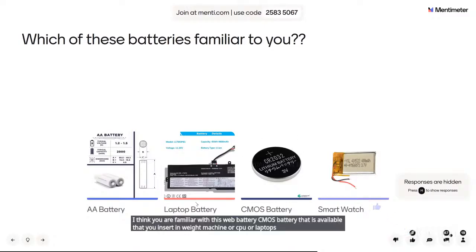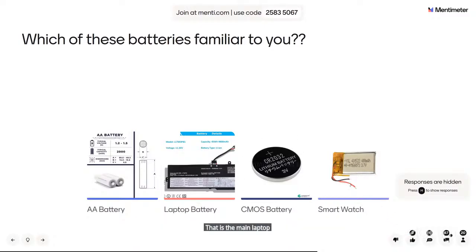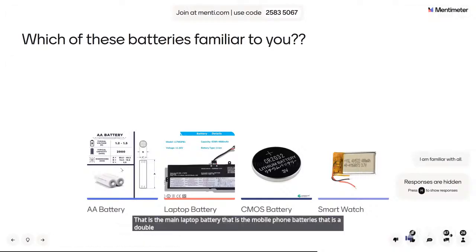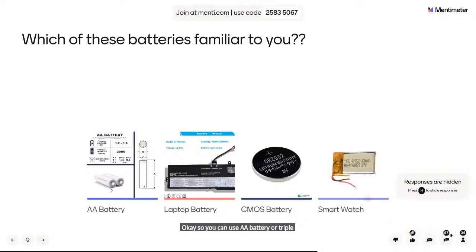That is the main laptop battery. That is the mobile phone battery. That is the AA charging battery that we use in watches, mouse, or some particular electronic instruments, trimmer. So you can use AA or AAA batteries. I think you are familiar with these batteries.